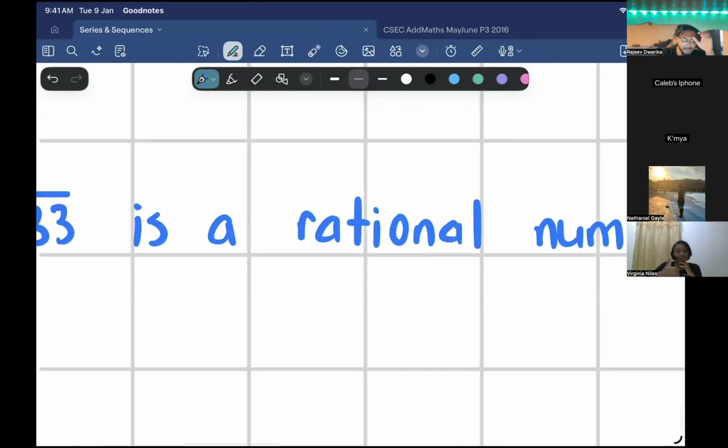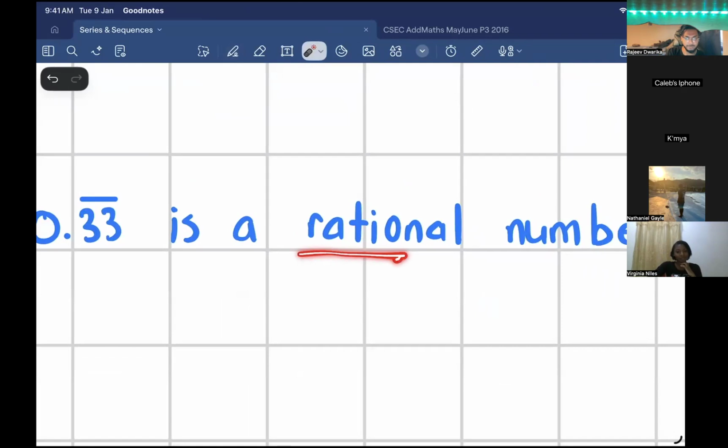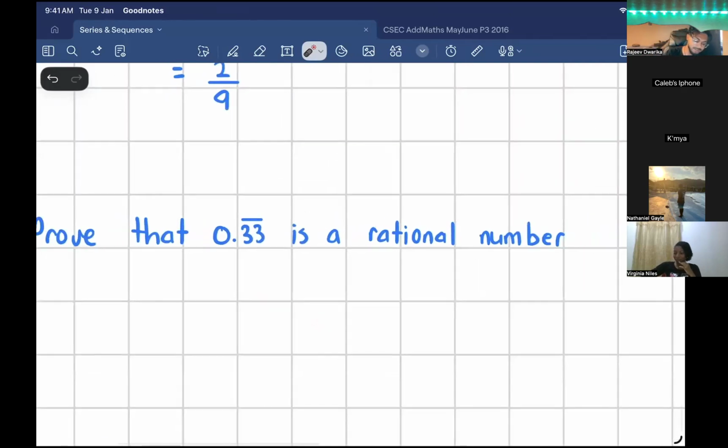Let's have a look at ratio. If I write 4 to 5, what that really is? A ratio. 4/5. 4 over 5. So if it's a rational number, you could write it as a ratio. You could write it as a fraction, right?